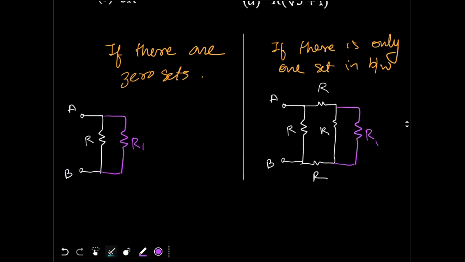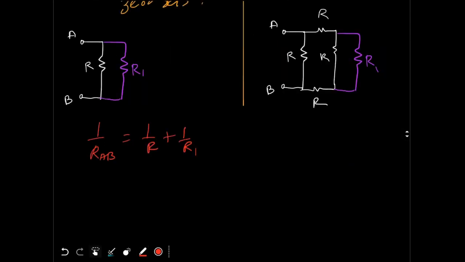So let's solve on the left. On the left we have RAB equal to R R1 by R plus R1, or let's just write in inverse: 1 by RAB will be 1 by R plus 1 by R1. On the right side, how do we get it? 1 by RAB will be equal to... okay, now this is a bit complicated.